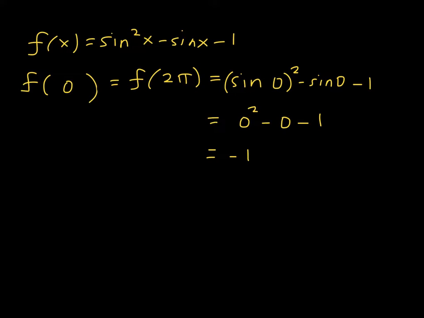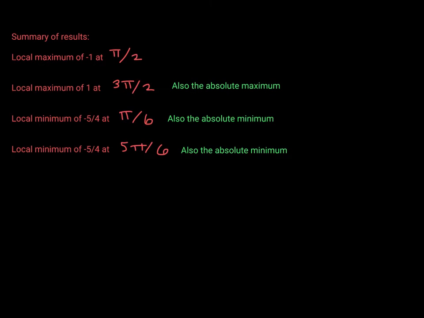So let us now conclude. I want us to look over all of our minimums and maximums. We found all the local mins and local maxes. I want us to identify the absolute maximum and the absolute minimum on this closed interval. So this is a summary of our findings. We found a local maximum at pi over 2 and at 3 pi over 2.